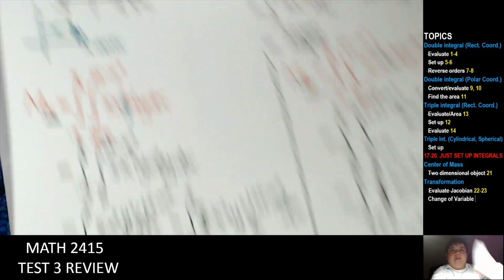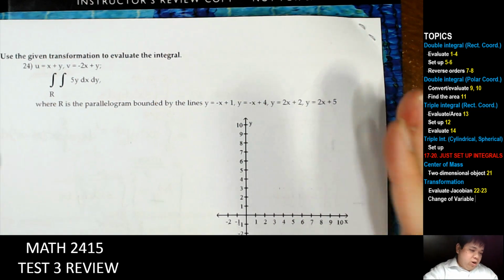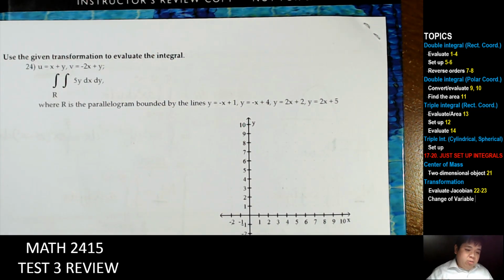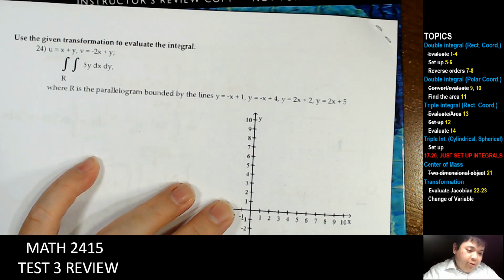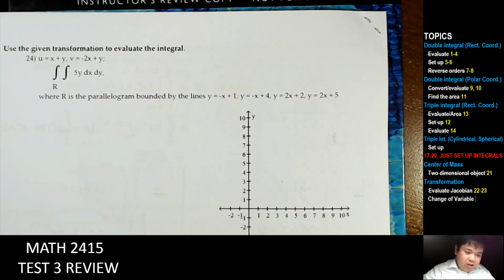The last one is the change of variable theorem. This one is nice enough to give us the transformation. We don't even need that. So first, I will change these two equations.